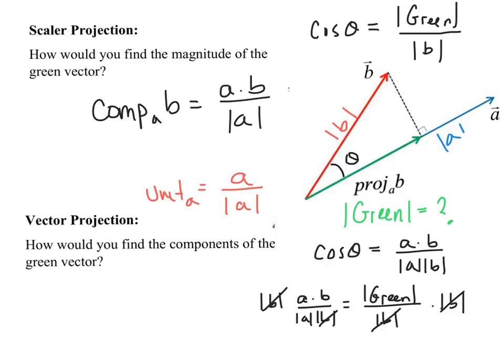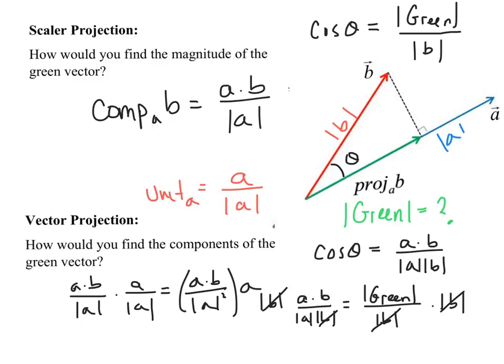So imagine you do that: A dot B over magnitude A multiplied by A over magnitude A. So the formula simplifies to A dot B over magnitude A squared times vector A. I'll do an example to show you how that works. And this is the actual components, because we're just multiplying a vector by a scalar, that make up the green.